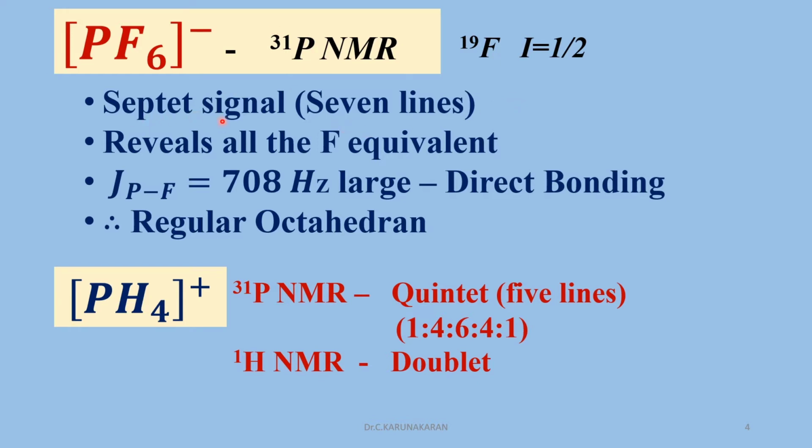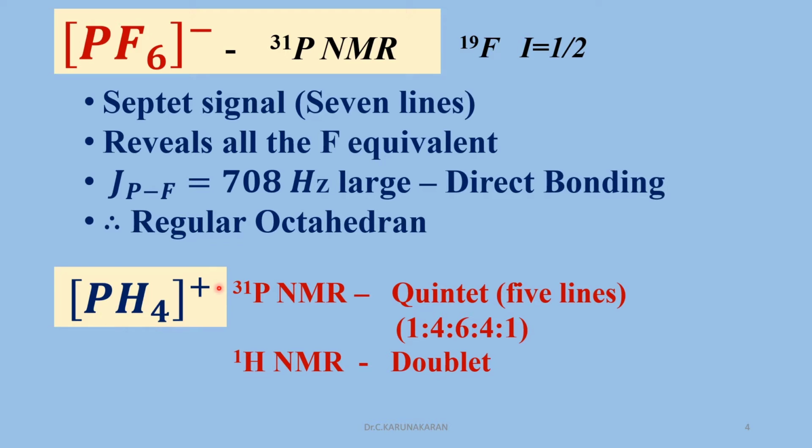It gives a septet signal, 7 lines. There are 6 fluorine atoms, therefore phosphorus couples with the 6 fluorine atoms to give a septet, 7 lines. It reveals that all the fluorine atoms are equivalent. Therefore, the geometry is regular octahedral.